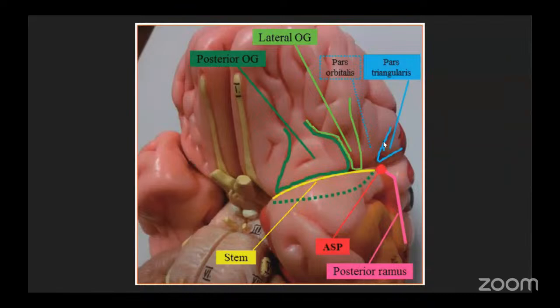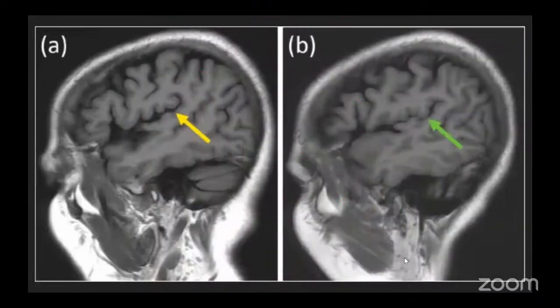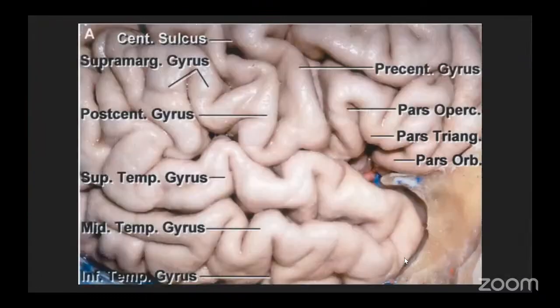And on the brain surface, this region is called the anterior Sylvian point. This stem then divides into the anterior horizontal ramus, the anterior ascending ramus, and the posterior ramus. The posterior ramus was ending in the supramarginal gyrus, and the superior temporal sulcus was ending in the angular gyrus.